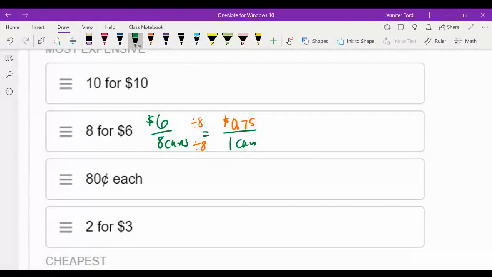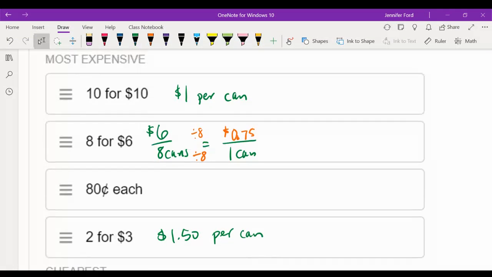10 cans for $10. This is $1 per can. 80 cents each. And then 2 for $3 is $1.50 per can. So we're trying to do most expensive to least expensive.